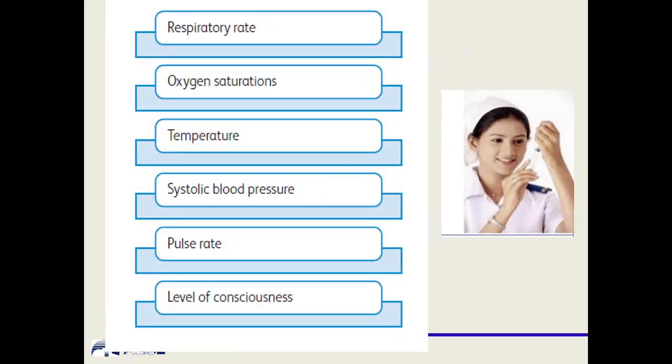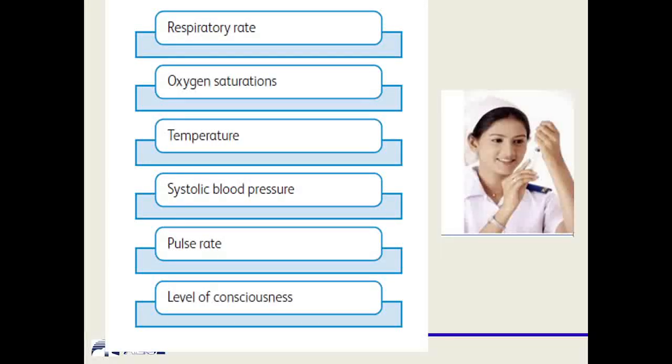How do they communicate? Do they tell you in words? No, they won't. They will tell you in 6 signs. And these 6 signs are the signs that anybody checks on a patient. When a patient is admitted to the ward, the nurse checks the respiratory rate, don't they? Do they check the oxygen saturation?